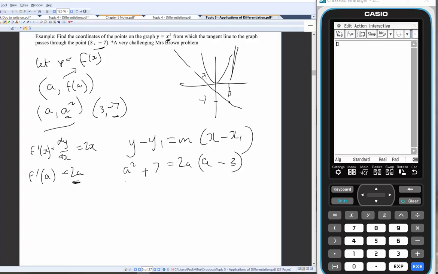Now you notice here that we've only got the one variable to solve for. So when I solve this for a, I'm going to get my coordinates. So let's expand this out. I've got 2a squared take 6a equals a squared plus 7. That's going to be 0 equals a squared, take 6a, take 7.